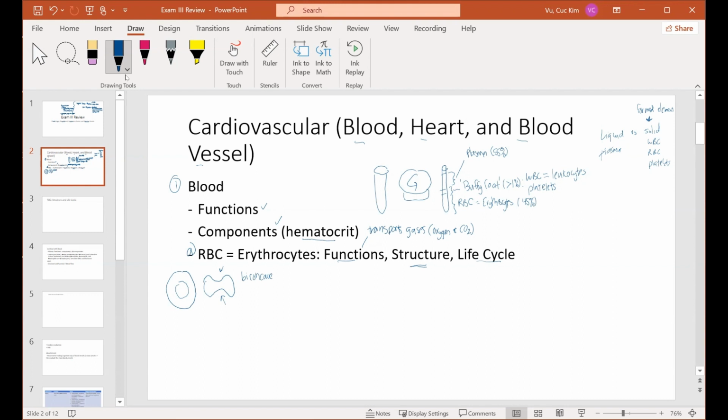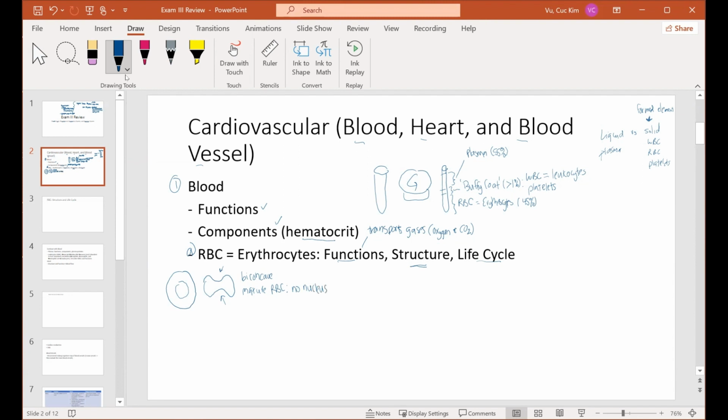So it's biconcave. Now, the reason why it's biconcave is that in the center, what do you normally find in the center of a cell? Exactly. So because it's hollow, that tells you that it has no nucleus. So a mature red blood cell has no nucleus.